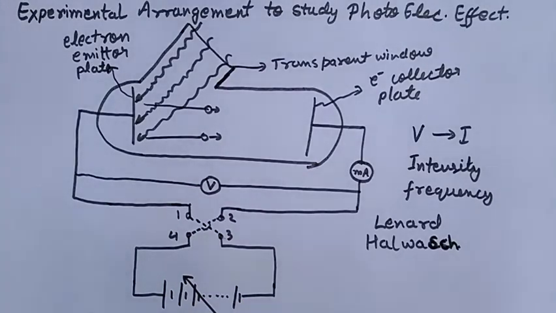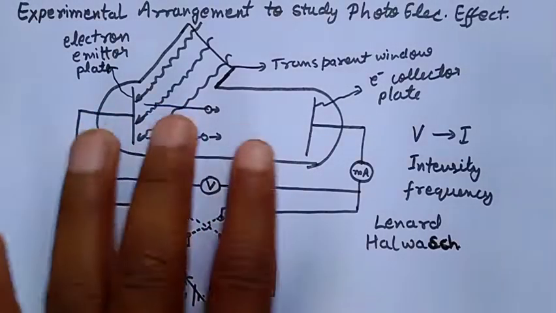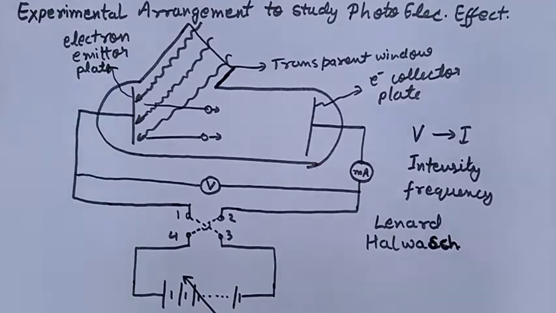They can ask a question like: draw the experimental setup of the Lenard Hallwachs experiment, or a similar kind of statement, and at that time you might be confused about which chapter they are talking about. Actually they have not done exactly this type of experiment, but something similar to that.